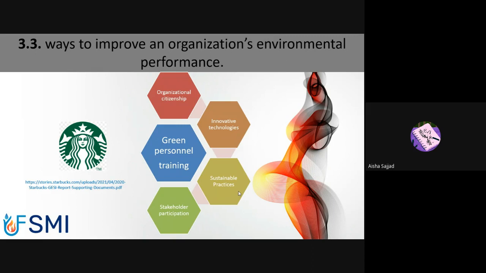For example, you can use the green personnel training program, which means that the personnel, the employees, are trained on different environmental aspects, and they are also trained on how they can go green.